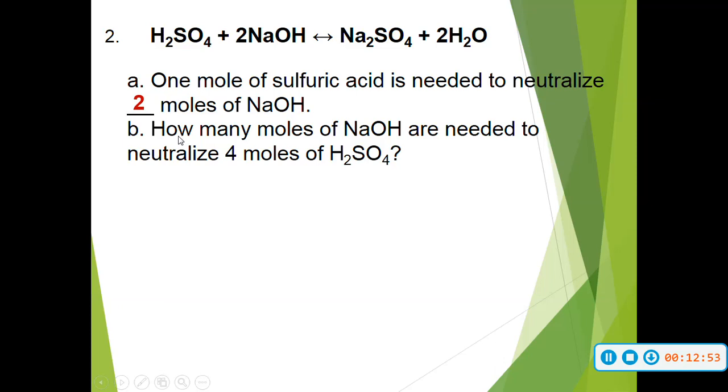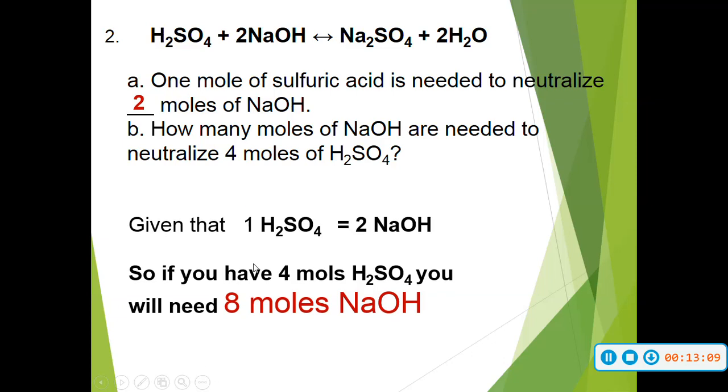And then how many moles of NaOH are needed to neutralize 4 moles of H2SO4? If our ratio is 1 mole of sulfuric acid to 2 moles of sodium hydroxide, and we have 4 moles of sulfuric acid, then we need 8 moles of sodium hydroxide. It's a 1-to-2 ratio, so that would be a 4-to-8 ratio right there.